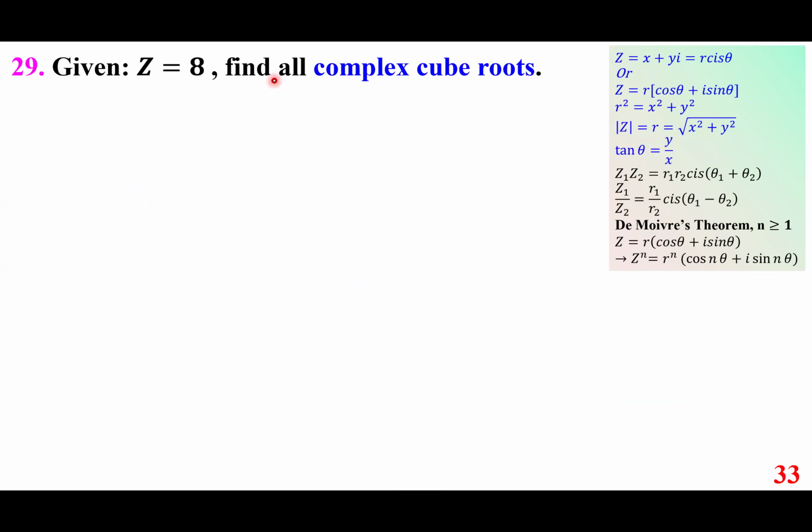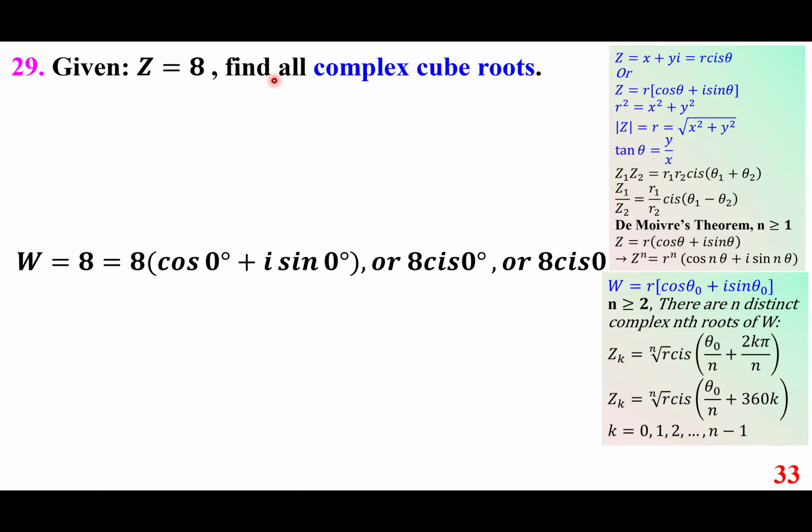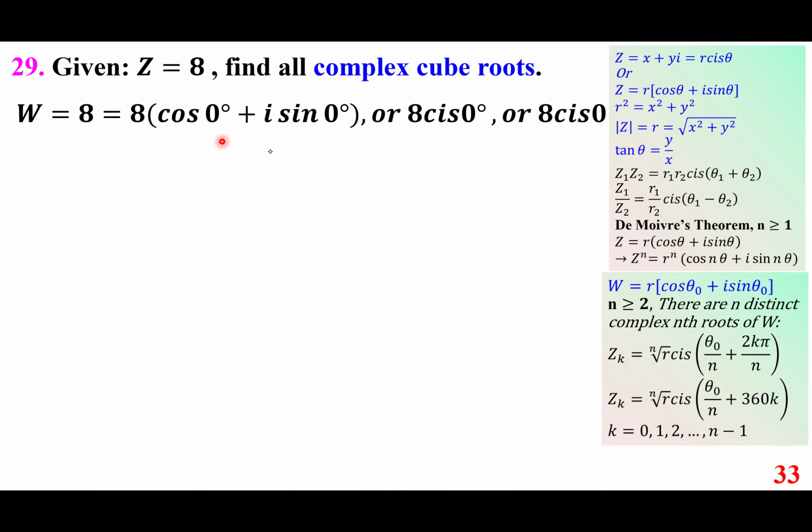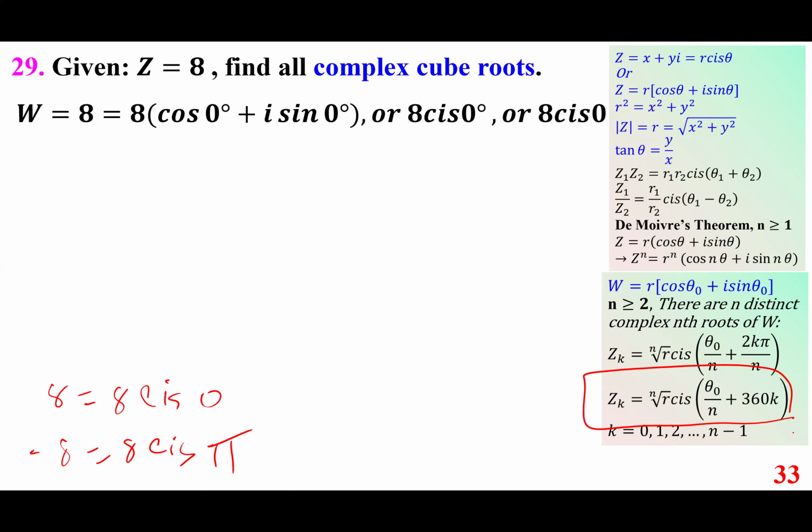Given z equals 8, find the complex cube root. First and foremost, it's 8 cis 0. I'm reminding you that a positive number such as 8 is 8 cis 0. A negative number is 8 cis pi. And then we are going to use this.